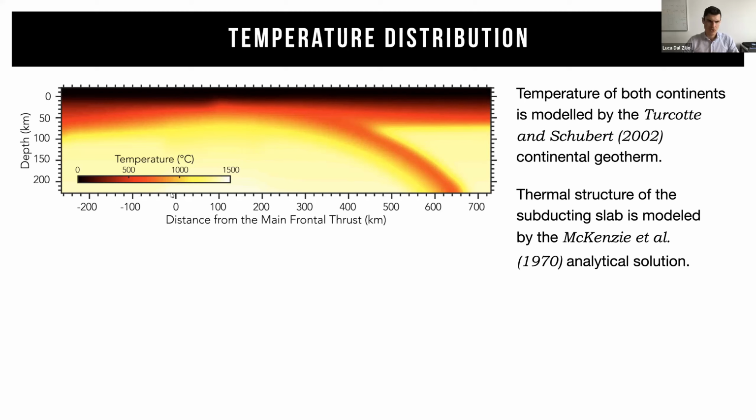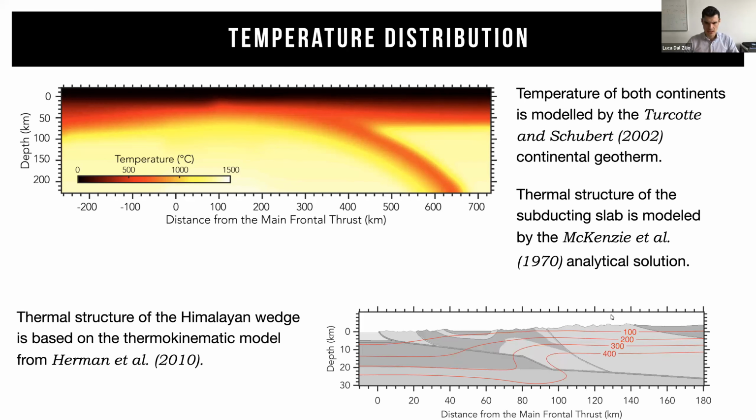Here you can see the temperature distribution within the entire domain. However, the regions where we run seismic cycles are basically a small part of this domain, which you can see here in this plot, where in gray you have the distribution of the rocks, and in red you can see the isotherms of temperature.